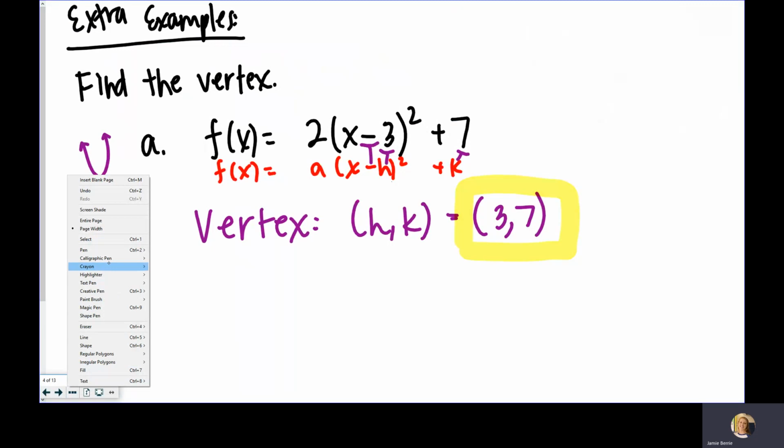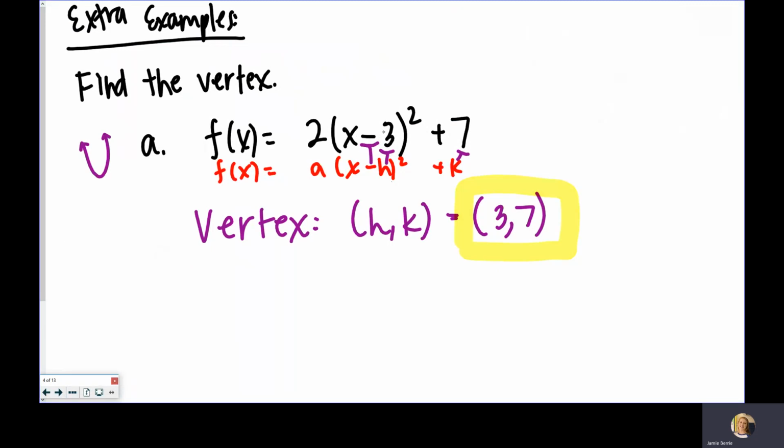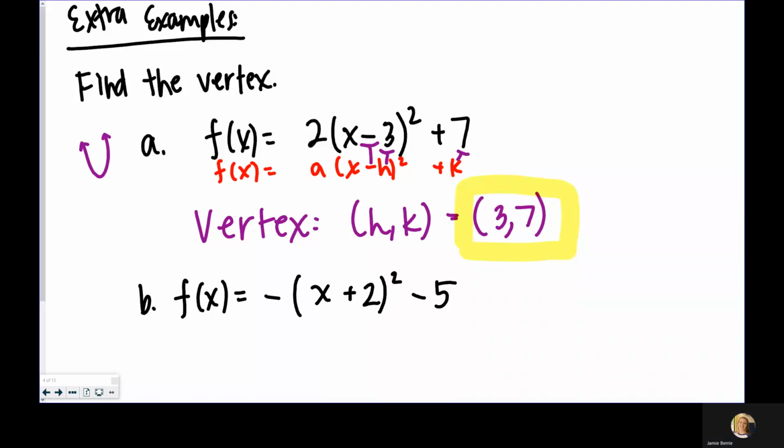So let me show you what happens when we end up having a plus inside of the parentheses instead of a minus. All right, so we're going to make up another example. We're going to say f of x equals negative, parentheses, x plus 2 squared minus 5.